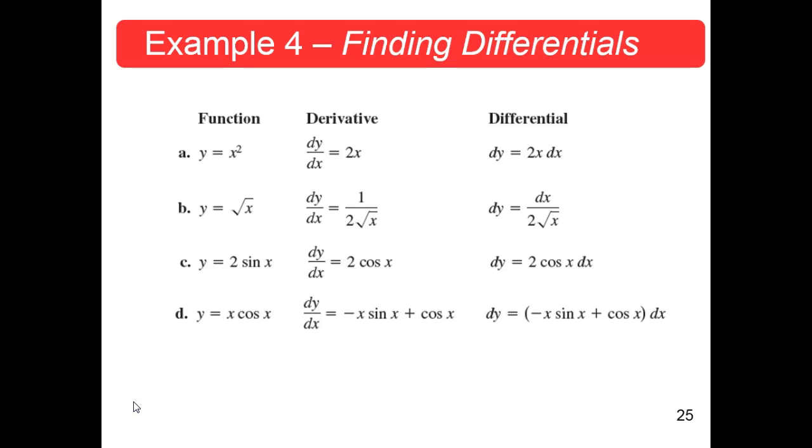That would be if it was cosine of x squared or something like that. This is just the product rule. Now what would that give you? The derivative would be what?